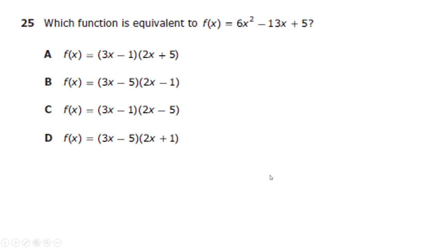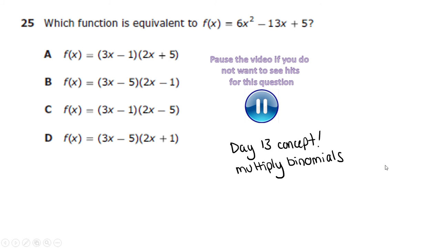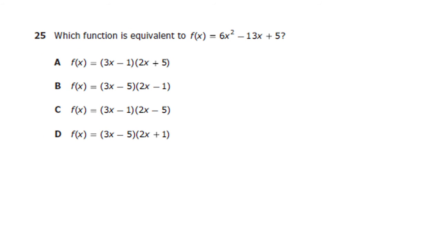Okay, number 25. Number 25 came from day 13, when we spent the majority of that day multiplying binomials. Here's your first hint.